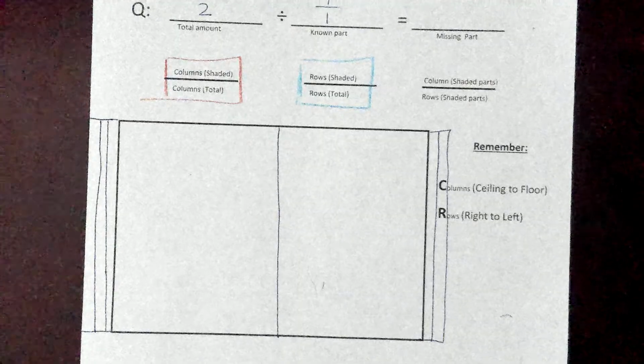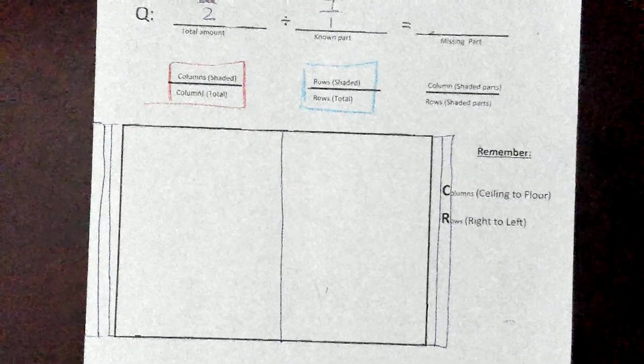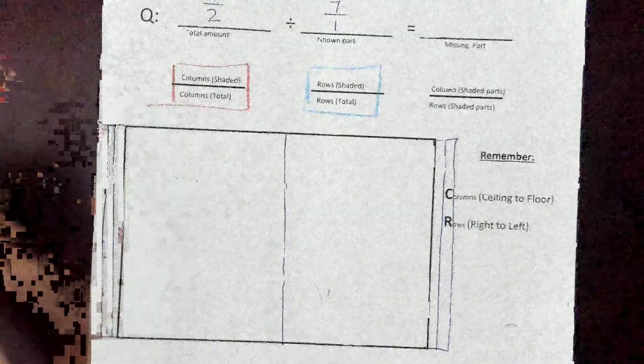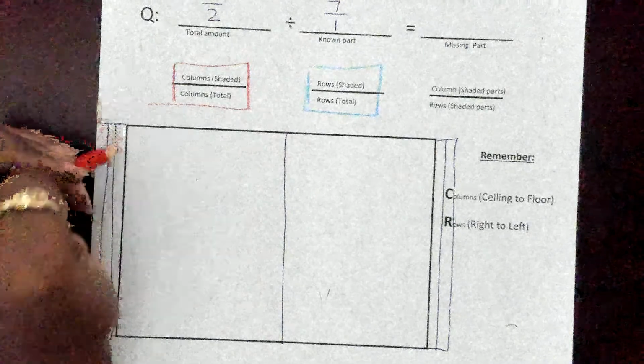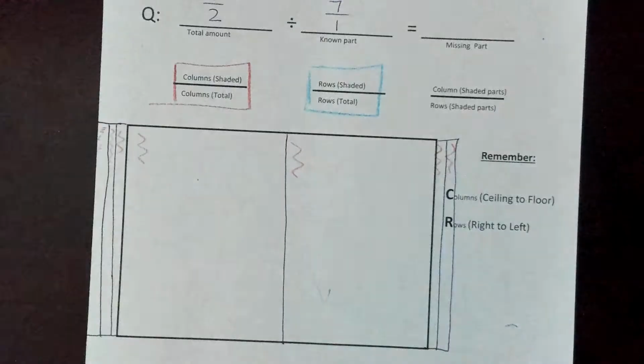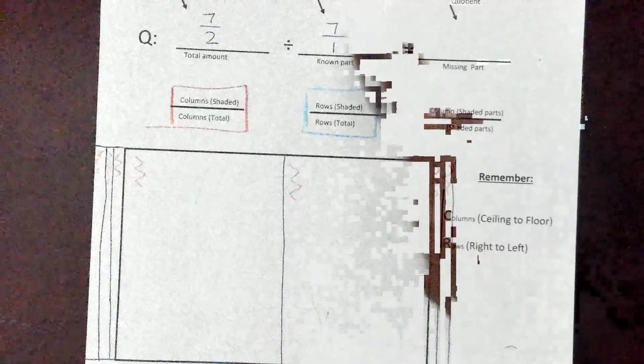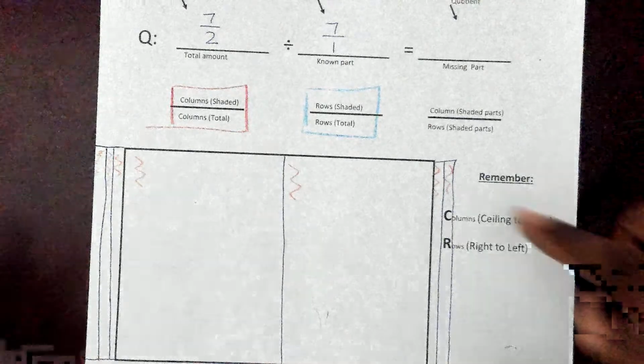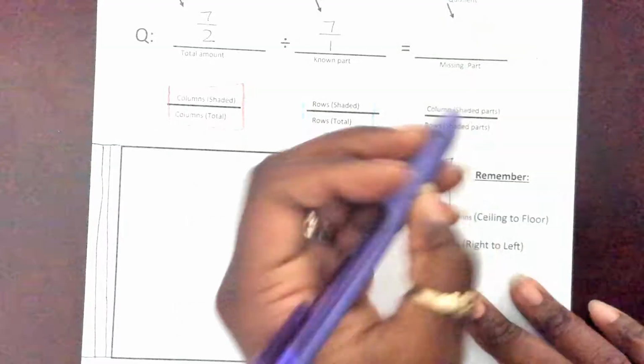And so we're going to shade in red our columns. Basically it's going all the way down. We're just putting a mark here so we know that this is our columns. And now we need to do the same thing for our rows. We have a total of 7 rows that must be shaded, but we only had 1, so we have to add 6 more rows. That's 2.